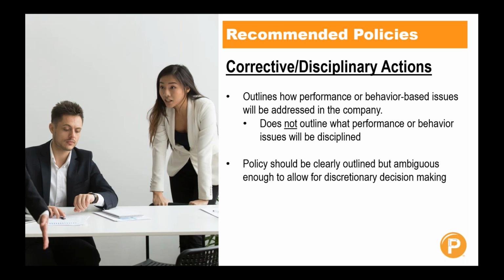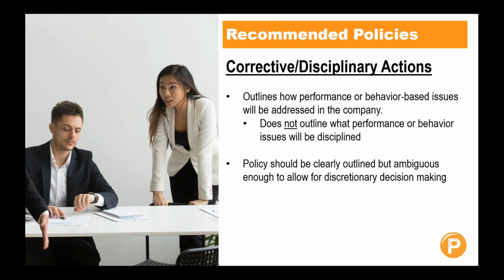So the policy should be clearly outlined but ambiguous enough to allow for discretionary decision making. It's important to tell your employees, hey, we have steps to address performance issues. They might include a verbal warning, a written warning, a final warning, and up to and including termination of employment. But we don't want to list out all the possible infractions and what they will lead to.